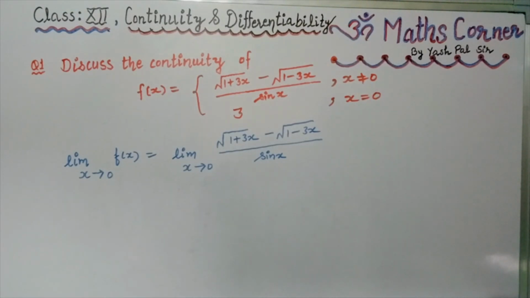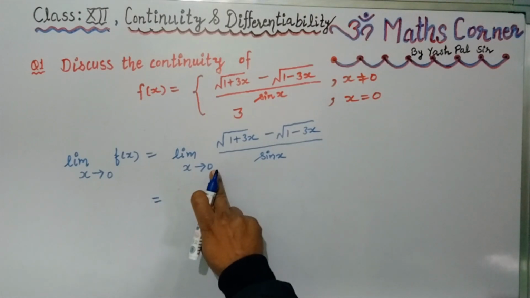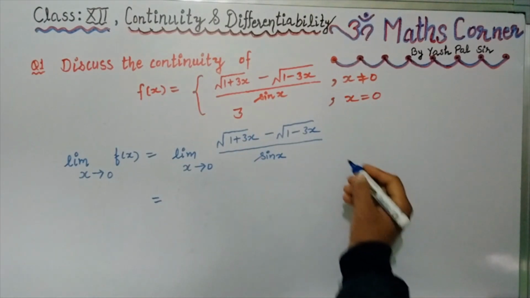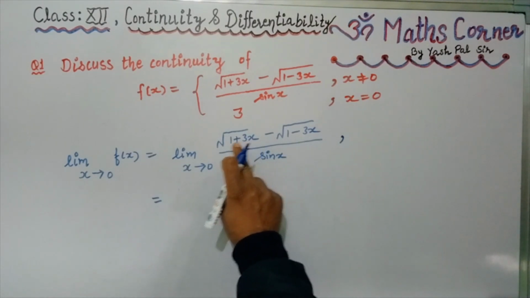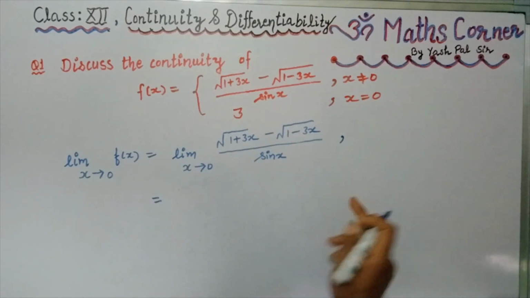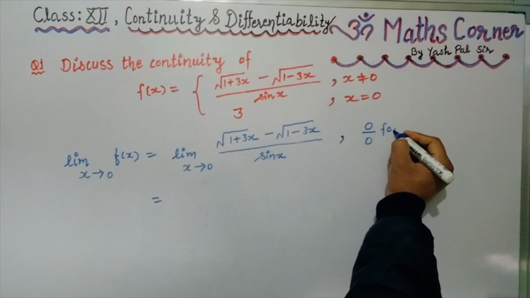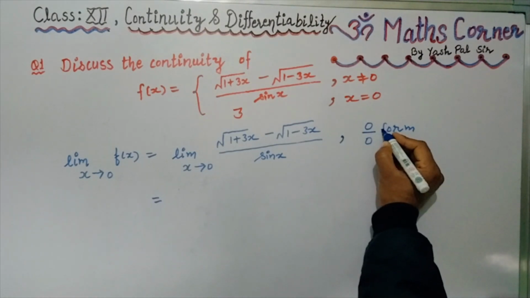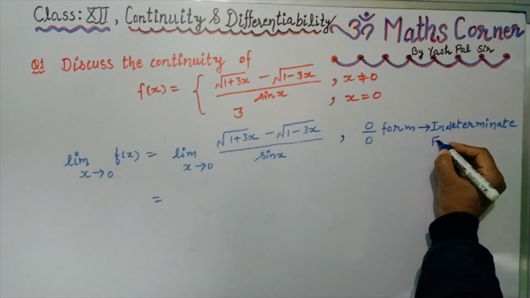Okay, so first of all we try to substitute x equal to 0 directly in the function. Let us see what happens. 1 plus 3 into 0, this becomes 1. 1 minus 1 is 0. Sine 0 is also 0. So we write here 0 by 0 form, and this form is called indeterminate form.